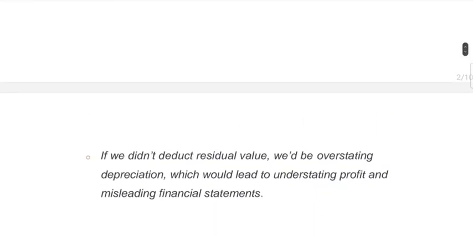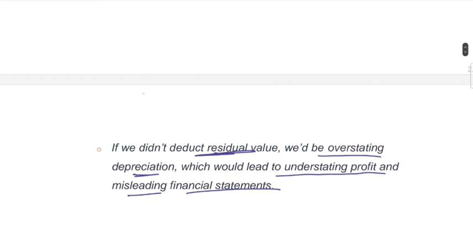So if we didn't deduct the residual value, we'd be overstating the depreciation, which would lead to understating profit and misleading the financial statements. Because if we do not deduct the residual value, that depreciation charge would also include the consumption of the residual value. We do not want this residual value to be consumed as we are calculating the depreciation. We want to keep the residual value separate, and then just take whatever is left and spread it across the remaining life of the asset.